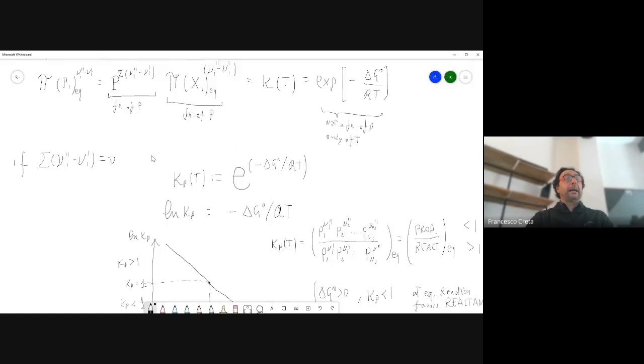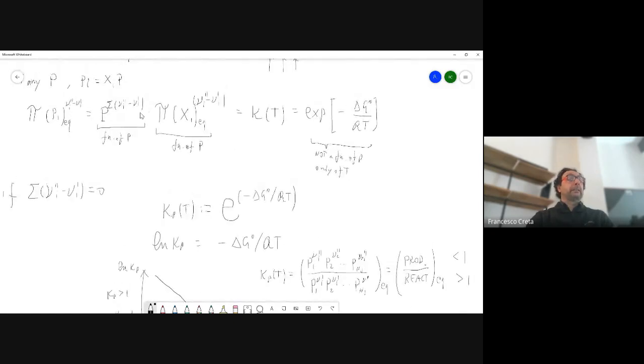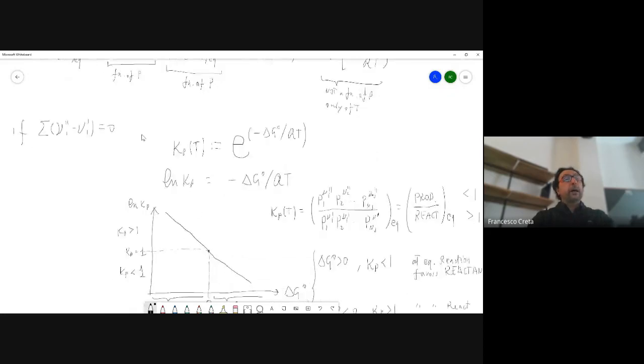Let me go back a little bit. You see that this particular exponent is a pressure exponent. If it turns out that the sum of the differences of the stoichiometric coefficients for all species is 0, then the equilibrium composition does not depend on pressure. This term vanishes, becomes 1. But physically, why is that?